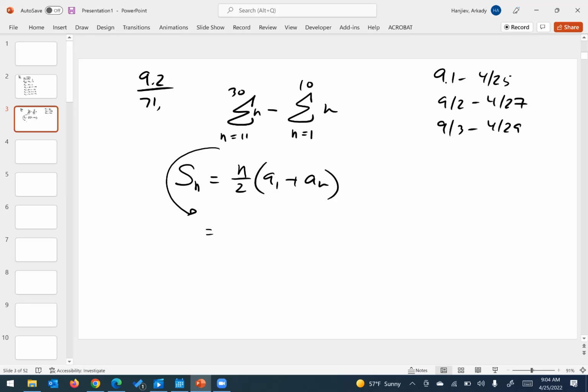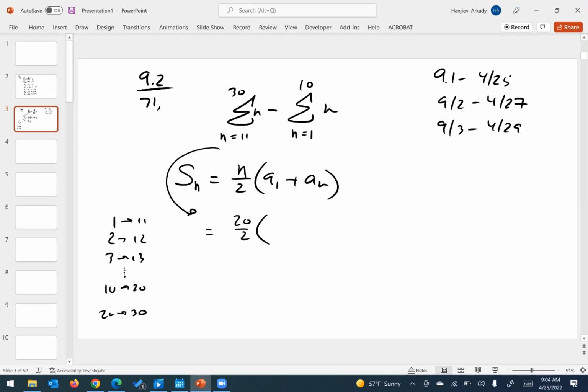The first iteration, 11, would be 1, so 2 is 12, 3 is 13, and so on. That means 10 would be 20, because we're exactly 10 behind. So 20 would be 30. It's almost like we chop off 10 pieces. Cool, so I got 20 over 2.